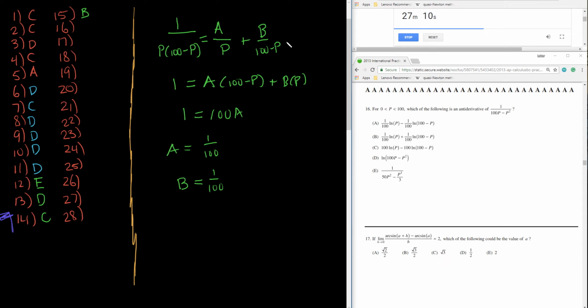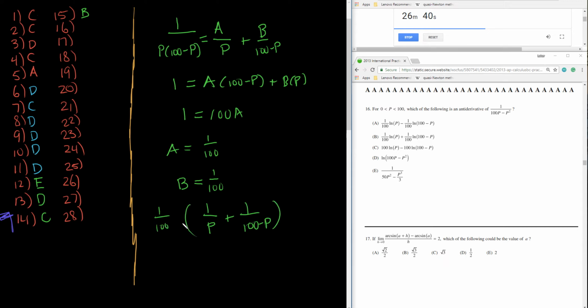So because of that, you're trying to solve for the antiderivative of 1 divided by 100p plus 1 divided by 10,000 minus 100p. So this is equivalent. Oh, and actually, I'll just make it simple for us. This is going to be 1 over p plus 1 over 100 minus p all times 1/100th.